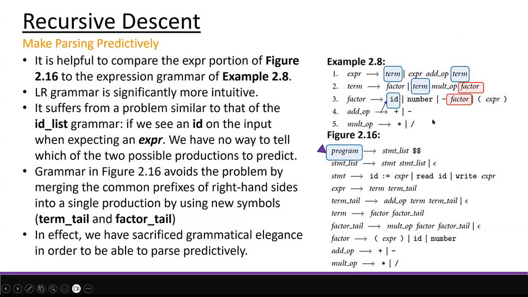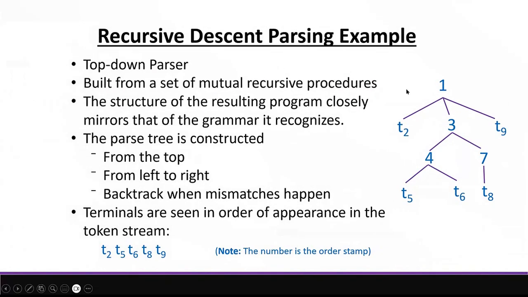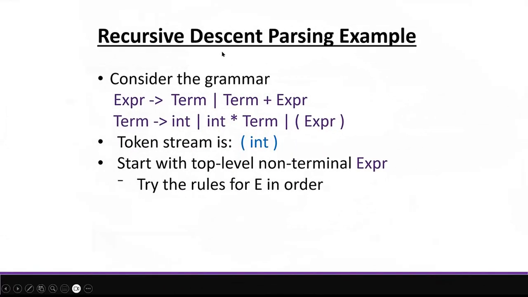So recursive descent. Right here, we do have one example. So this example, you can watch the video that we provide, and then we'll figure out how this recursive descent can be done. Here, I don't actually explain it one more time. You actually need to watch the video.